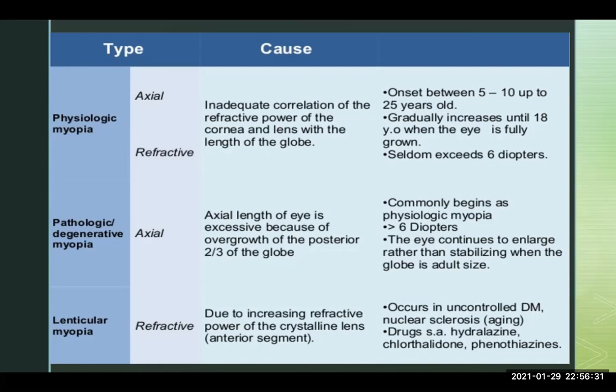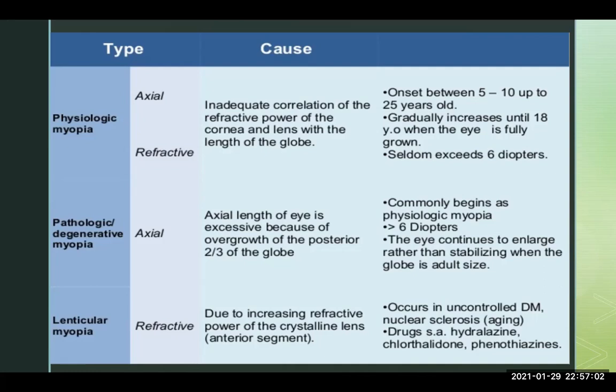If the corneal and lens surfaces are too powerful, it's called refractive myopia. An inadequate correlation of the refractive power of the cornea and lens with the length of the globe produces axial and refractive myopia. Physiological myopia starts between 5 to 10 years and gradually increases until 18 years, when the eye is fully grown.